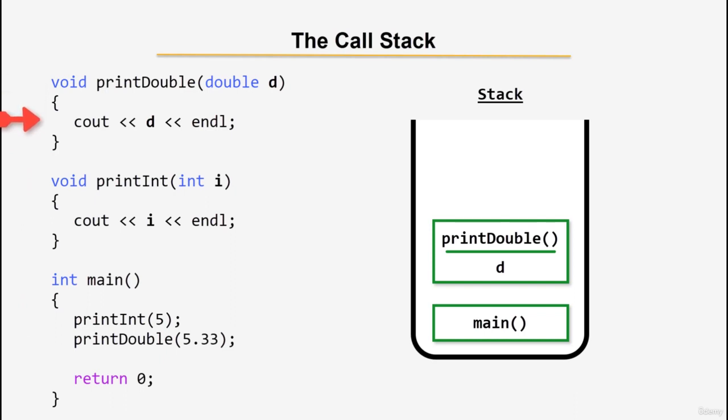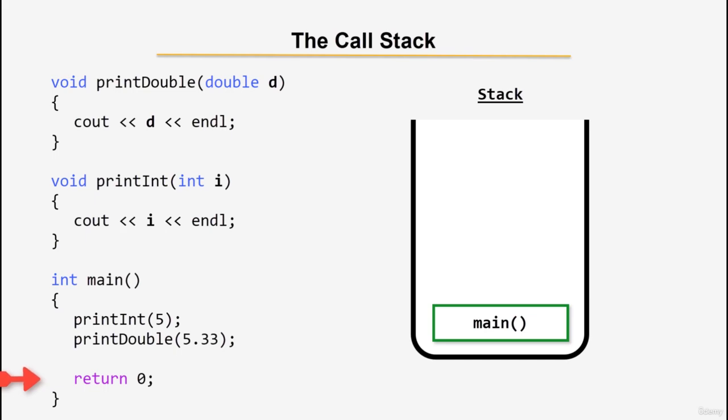In this case we simply do a print again, so console output. Once we are done executing all of the statements in the body, execution will reach the closing curly bracket. We are done with that function now, so we will jump back to the main function to resume program execution in the caller, and we'll pop that activation record off of the stack again. Of course we'll continue executing the other statements in main.